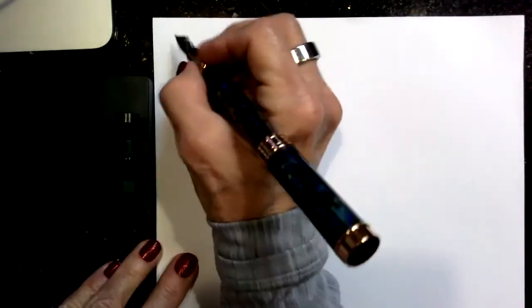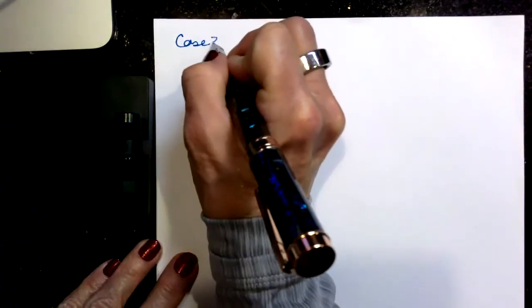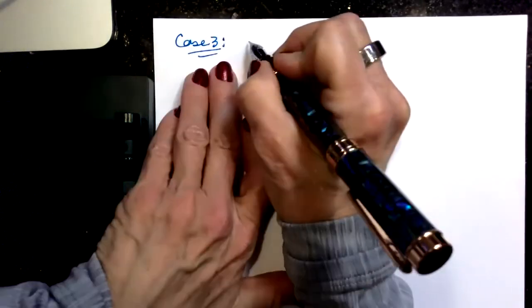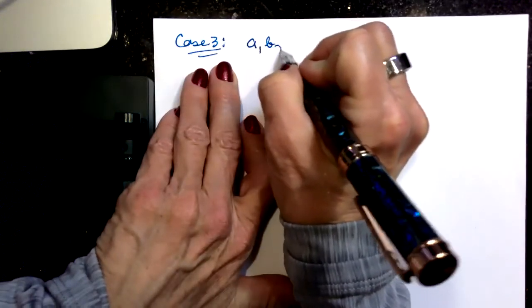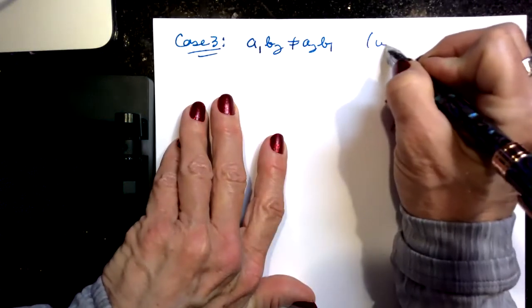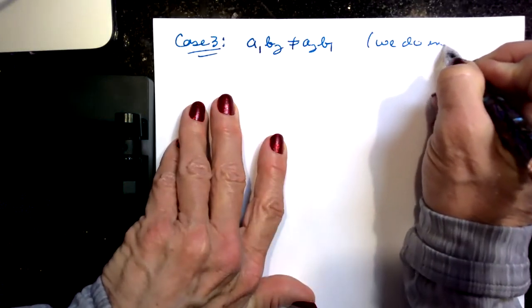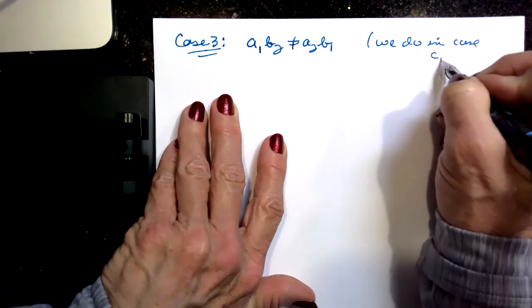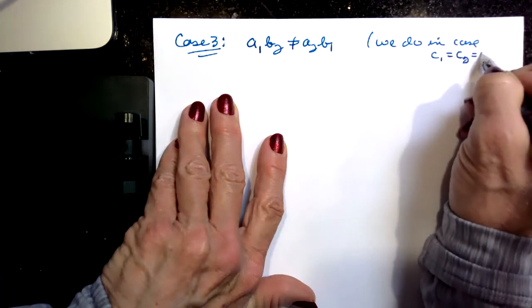All right, so now I'll also do case 3 in the case where C1 and C2 are 0. So case 3, A1 B2 is not equal to A2 B1, but we do it in the case C1 equals C2 equals 0, at least to start.